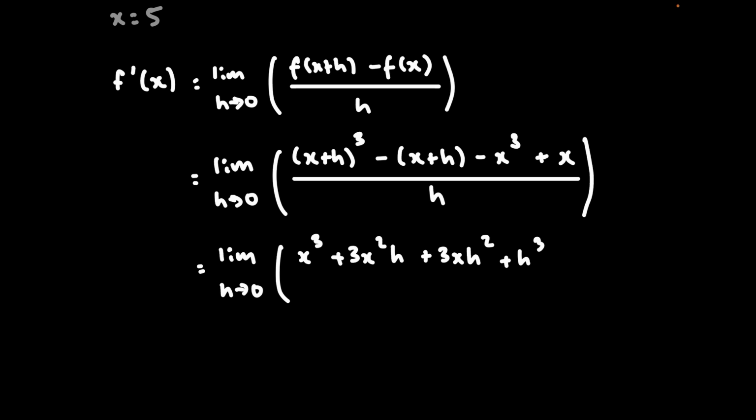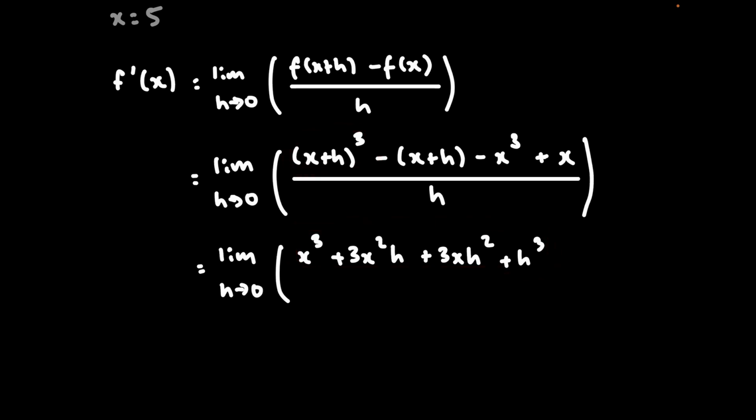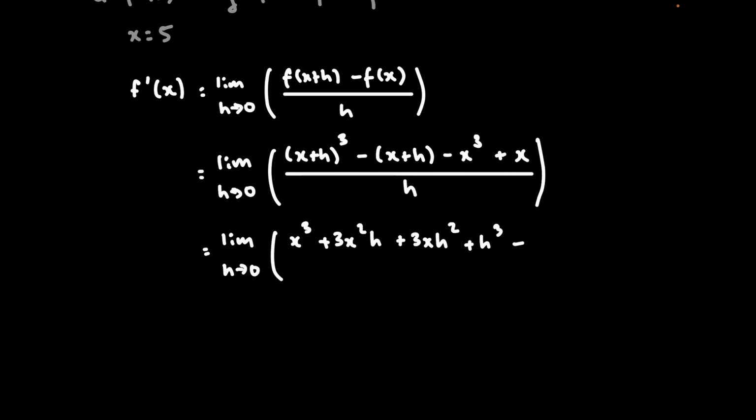If you're wondering how I did this in my head, there is a nice technique using Pascal's triangle to expand this out. I'll do that in a separate class or separate video. But in this case, expand this how you wish. This is the expansion of this bracket. Then minus x cubed plus x, all over h.